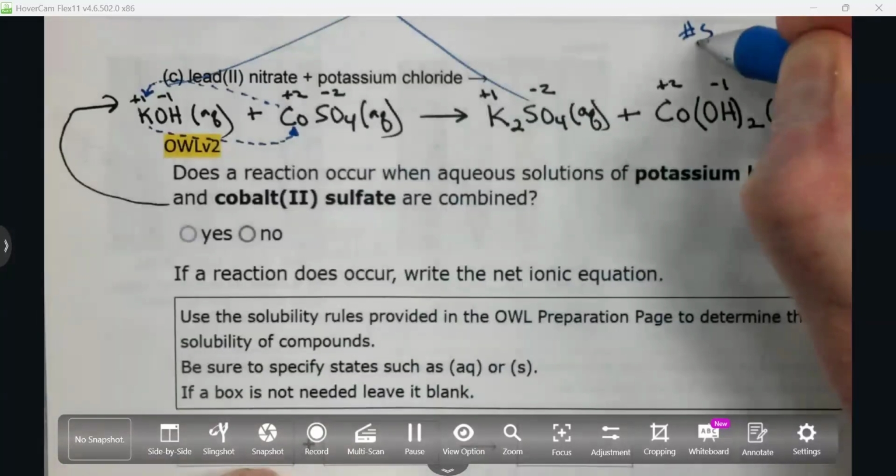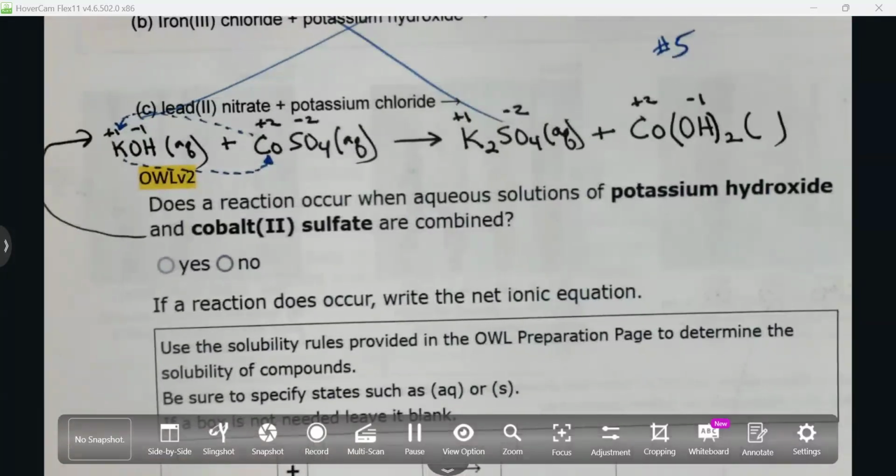Hydroxides is number 5. And that is going to be a solid.